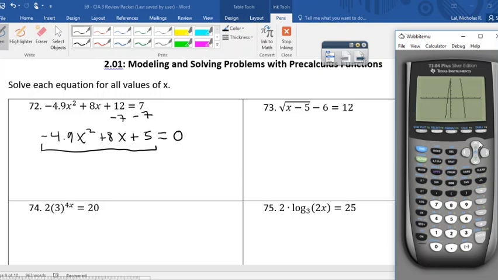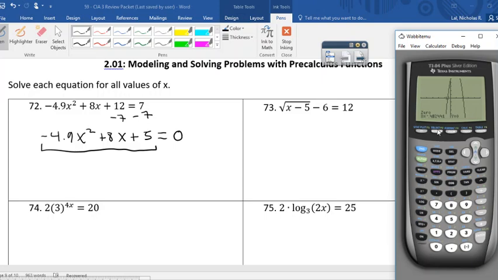I can use second calc, find my zeros, and I see my two zeros are where the function intercepts. For left bound, I choose a point to the left of the 0. Right bound, I choose a point to the right of the 0. And then for my best guess, I try to choose a point that's close to the 0.